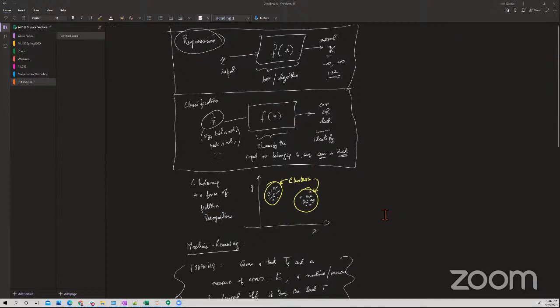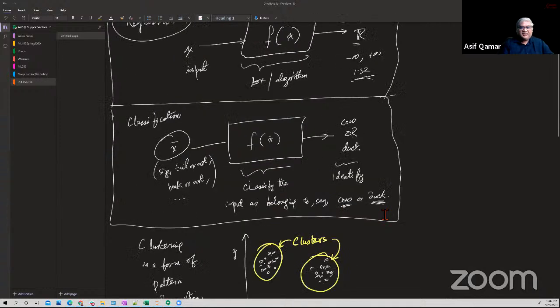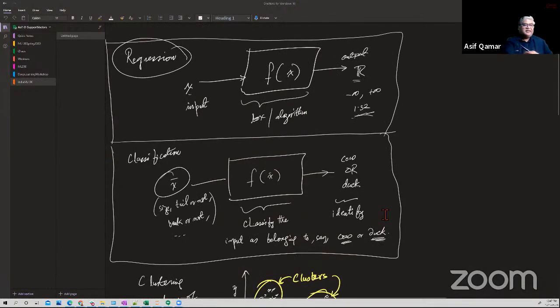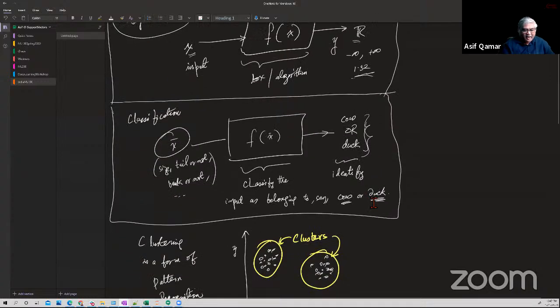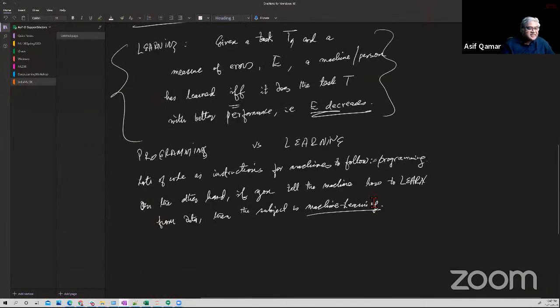Just as a review, if you remember, we said that regression is when an input X goes in and an output, let me call it Y, comes out, and that is a number. In simple terms, it's a number, but in some more advanced cases, it could be a vector and so forth, but we won't go there. We'll keep it simple. In classification, an input goes in, but what comes out is an identification, a cow or a duck, a label. And clustering is where you detect clusters in the data.